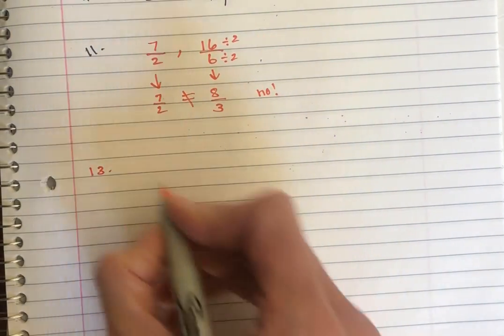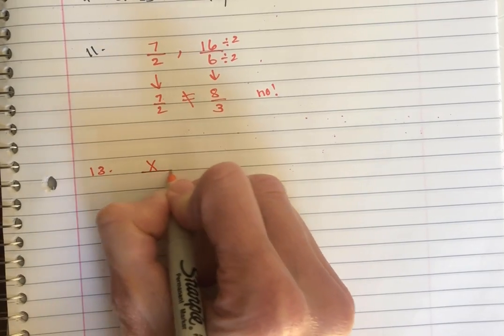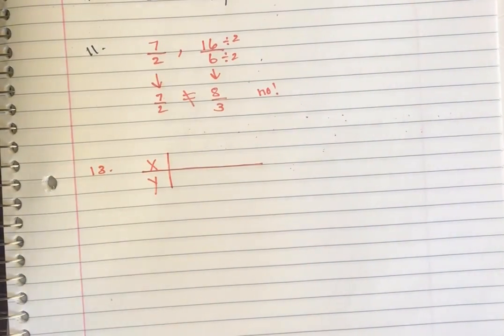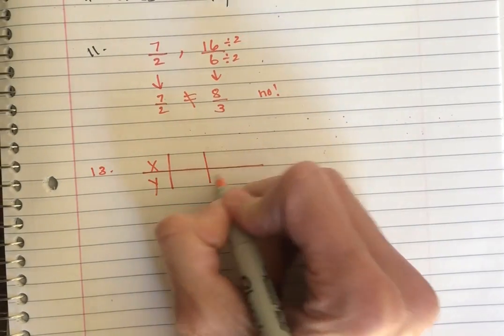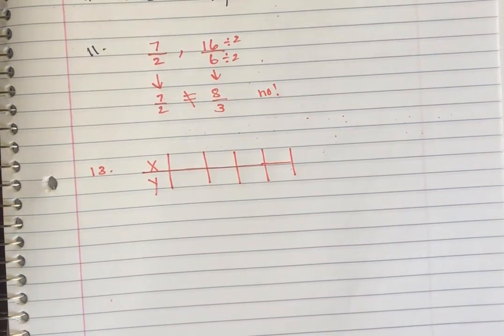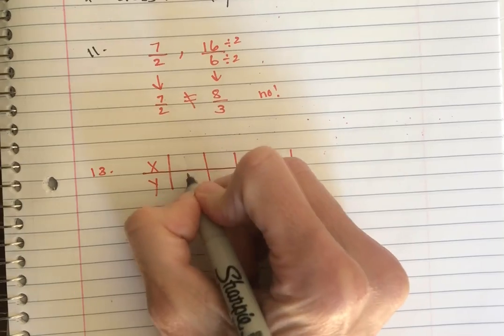Tell whether X and Y are proportional. And then it gives us this table with 4 different ratios to compare. So let me set it up. Okay, so we have 1 to 7.